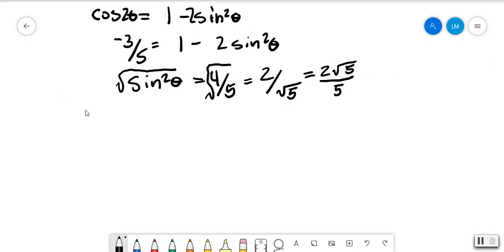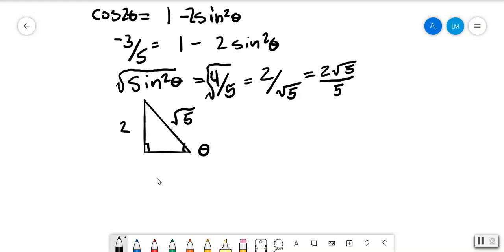So the next step would be that you would basically say that you have your right triangle, and I'm going to go ahead and say that this is 2, and this is root 5, and this is my theta.